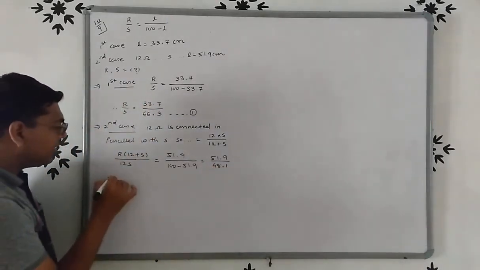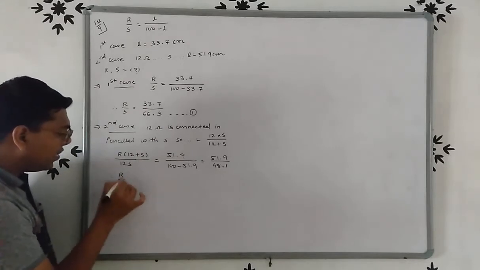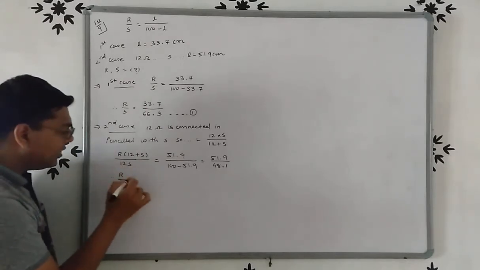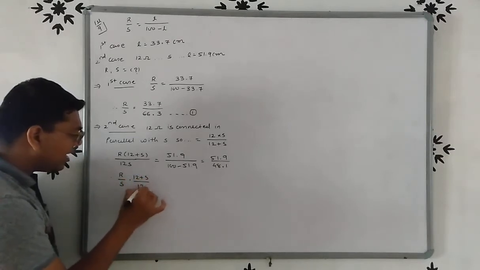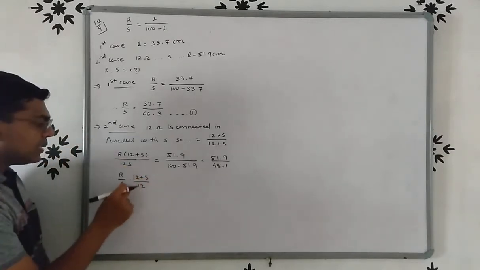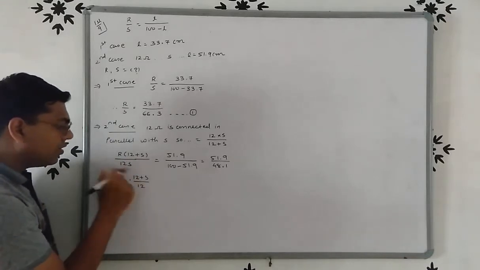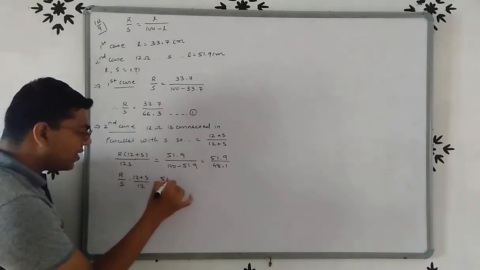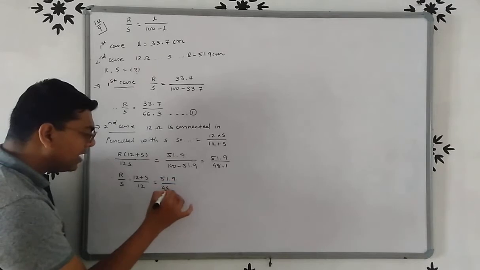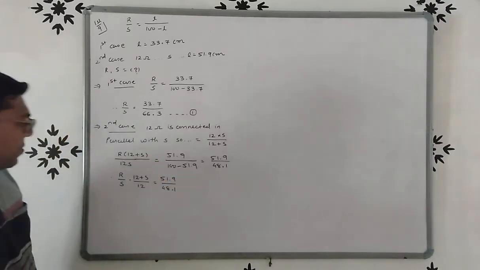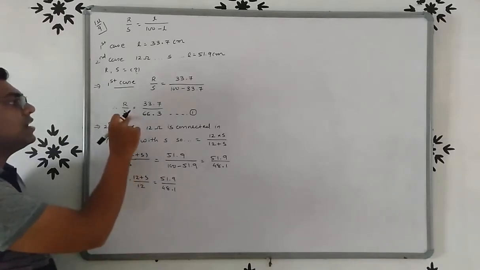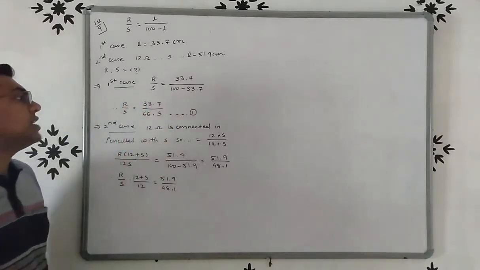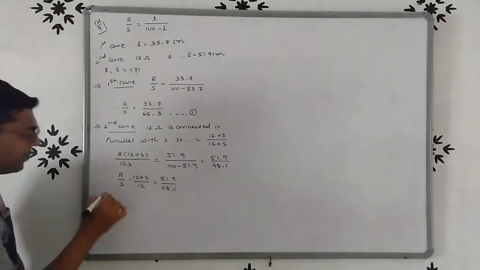So we get R upon S into 12 plus S upon 12 is equal to 51.9 upon 48.1. But here we know the value of the ratio R by S. From equation 1, R by S is 33.7 upon 66.3.